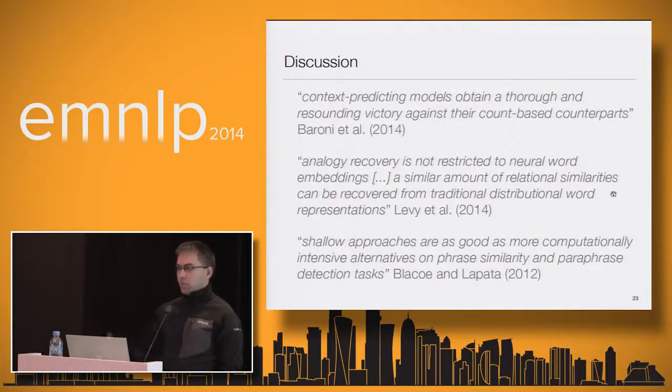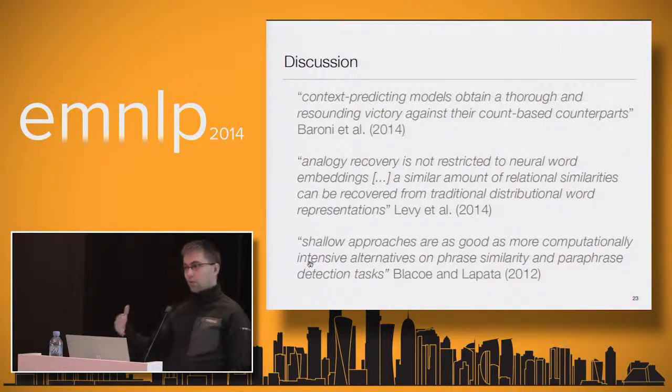But if you read other papers, Levy says that analogy recovery is not restricted to neural word embeddings. A similar amount of relational similarities can be recovered from traditional distributional word representations. So if you treat the distributional approach correctly, you can still get nice results.